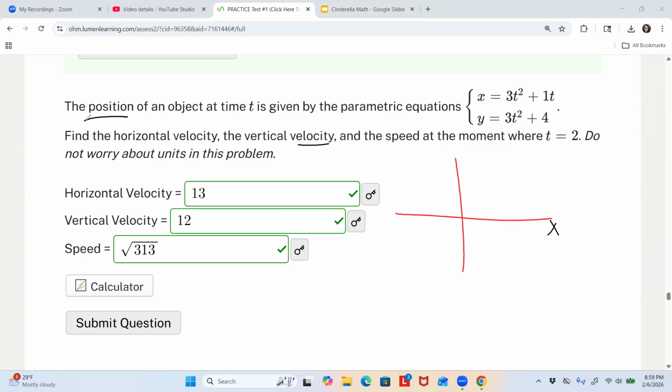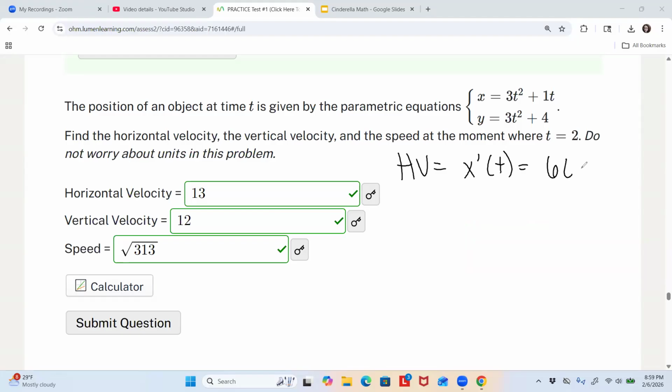So here's position, we need the derivative of that. So for our horizontal velocity, do x prime of t, so that would be 6t plus 1, and now do x prime at the time given, which is 2. So that would be 6 times 2 plus 1, 12 plus 1 is 13.